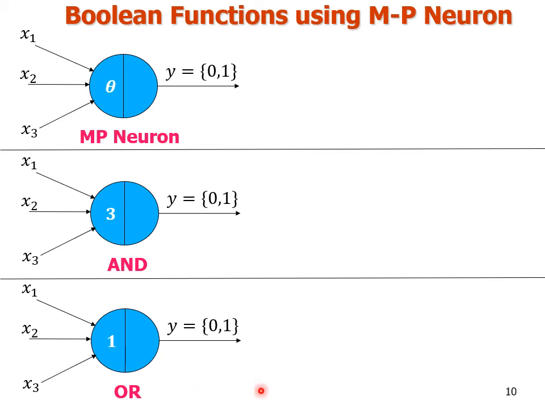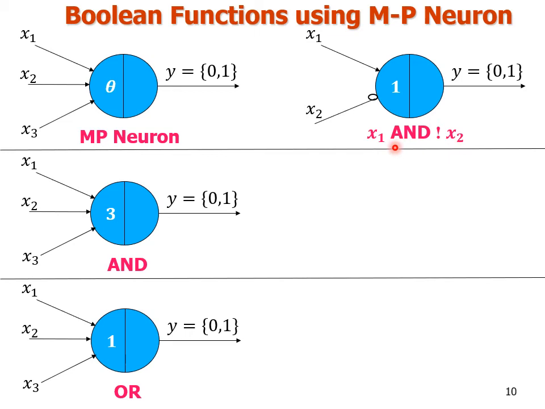Now let us try to learn this Boolean function, say x1 and not x2. Here we have an inhibitory input, that is x2. So it is denoted with this circle at the end of this input x2. In the general scenario, what do we mean by inhibitory input? The output is 0 if this inhibitory input is 1.